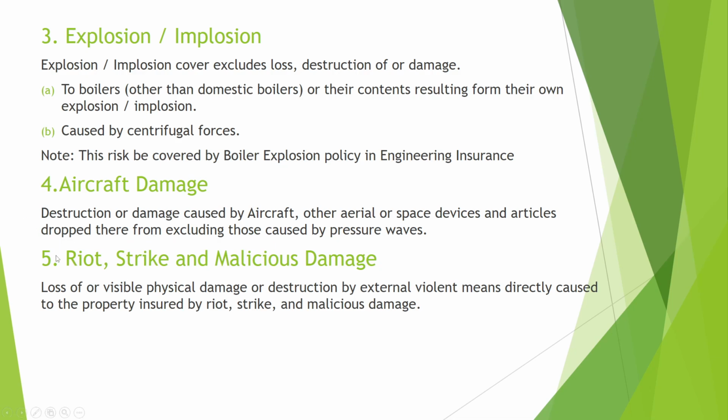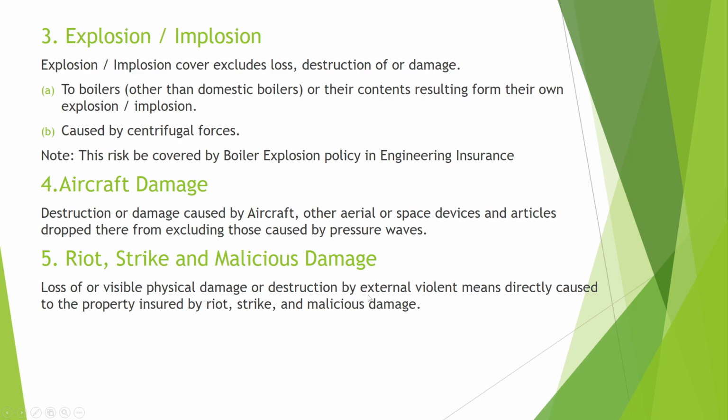Another is riot, strike and malicious damage. You can also cover these under this policy: loss of or visible physical damage or destruction by external violence. If a riot happens and damages property insured under this riot, strike and malicious damage policy, you can claim it.